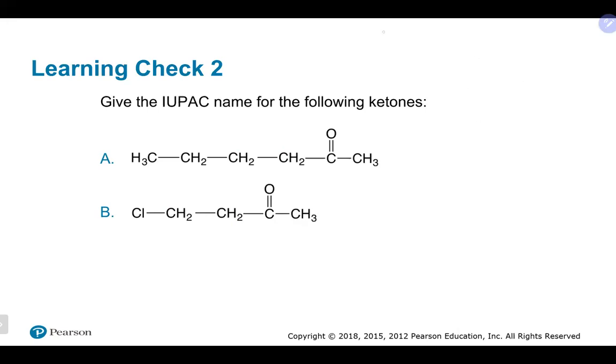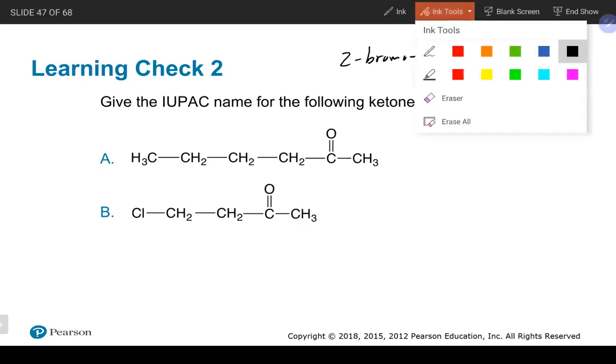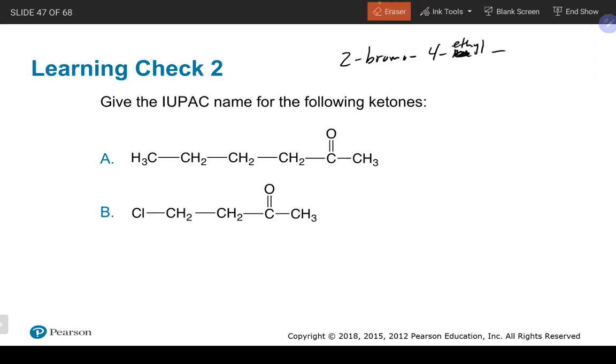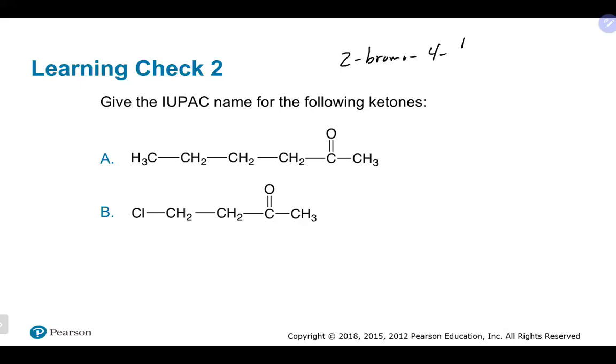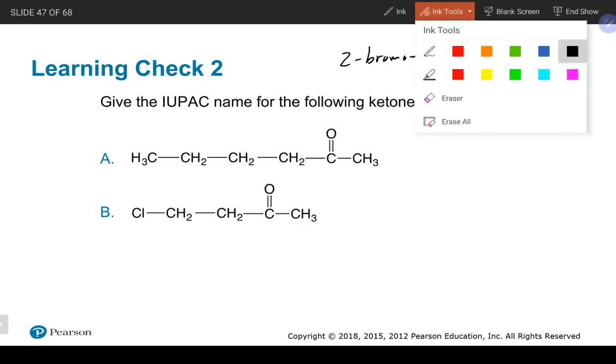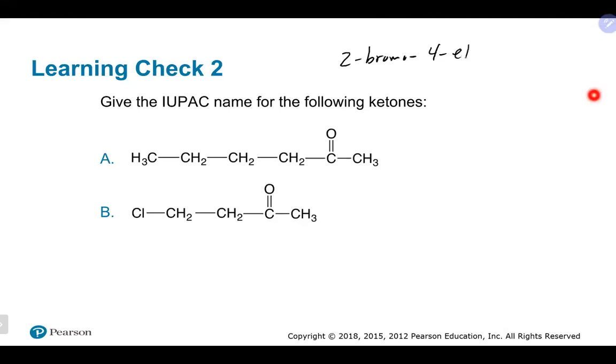Why don't we draw 2 bromo, 4 ethyl, all right, so 4 ethyl.